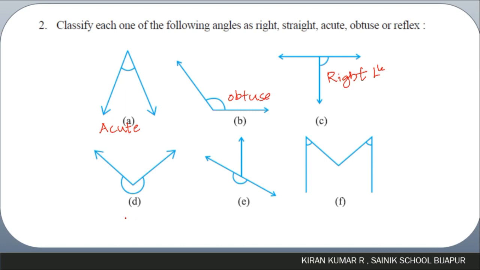Fourth one is a reflex angle. The angle measure is more than 180 degrees, less than 360 degrees. Fifth one is a straight angle. The angle measure is exactly 180 degrees. And sixth one, there are two separate angles mentioned here. These two angles, they both are acute angles.